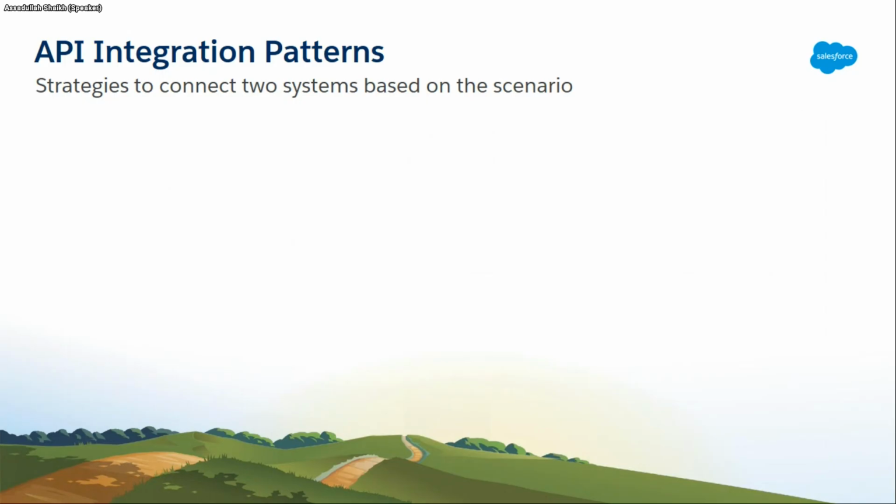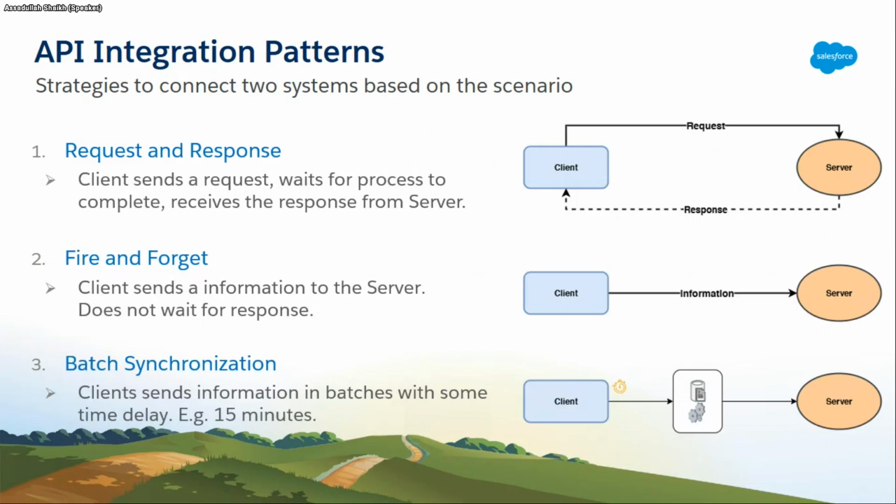So every business has different scenarios, and to facilitate those scenarios, there are different integration patterns that you can use. So we are going to discuss three common API integration patterns today.